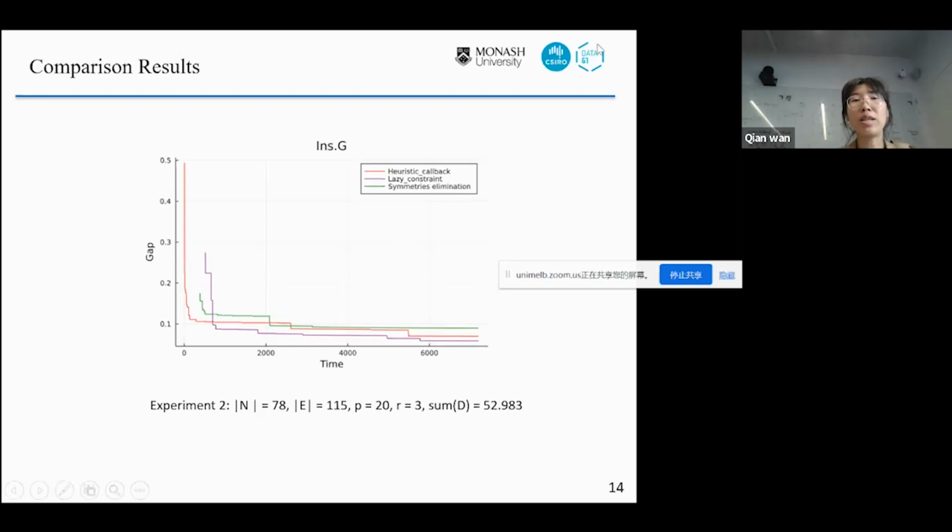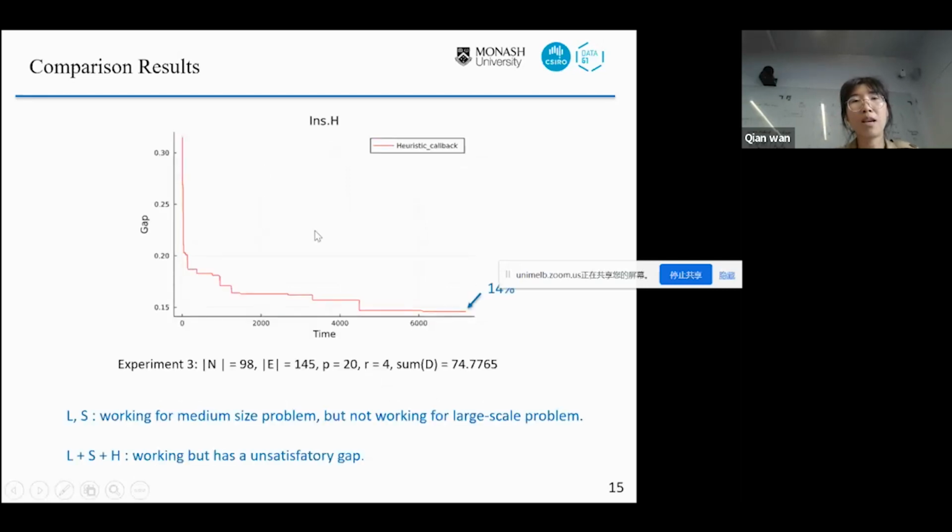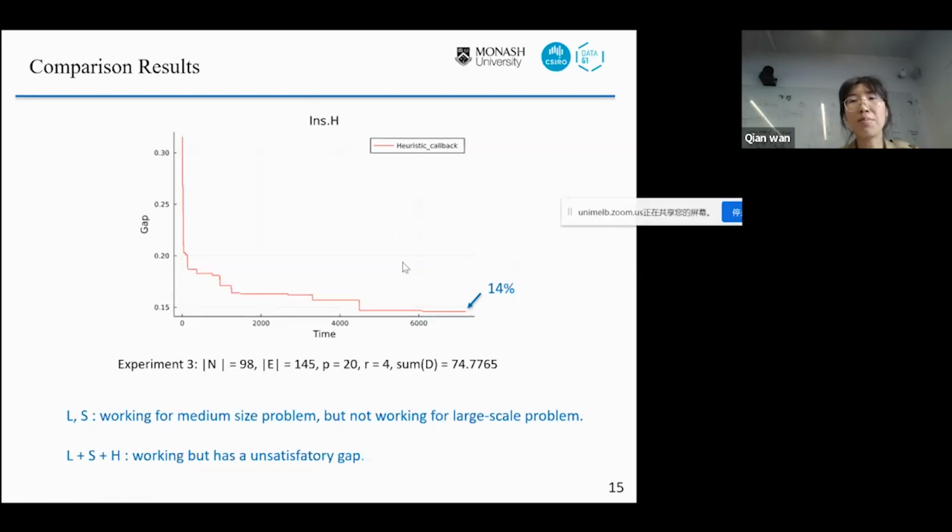But the other three techniques all work to get a solution for this instance. And if I increase the scale of the problem, we can see from the instance that only the heuristic repair technique can obtain a solution. The other techniques failed to get a solution.